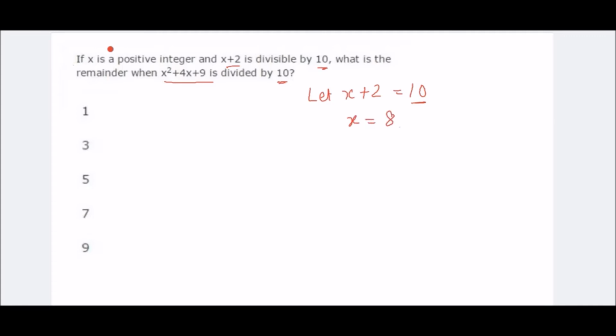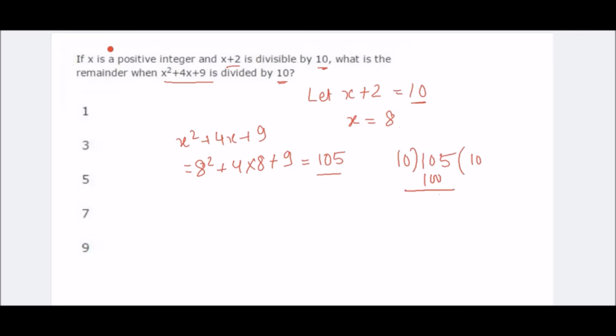So now in the expression x square plus 4x plus 9, that is equal to 8 square plus 4 into 8 plus 9, which will be 105. Now 105 is divided by 10, then 10 times 10 will be 100 and the remainder will be 5. So our answer choice is the third option.